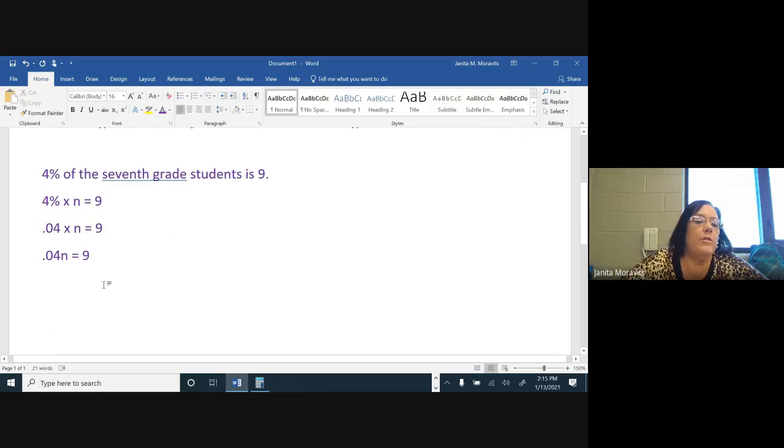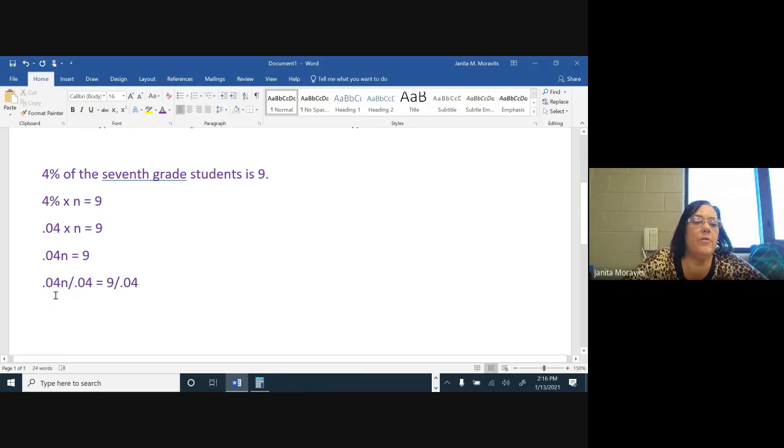Now, if you're multiplying by something, the opposite is division, so you have to divide by it. So we have 0.04 n divided by 0.04, and that equals 9 divided by 0.04.